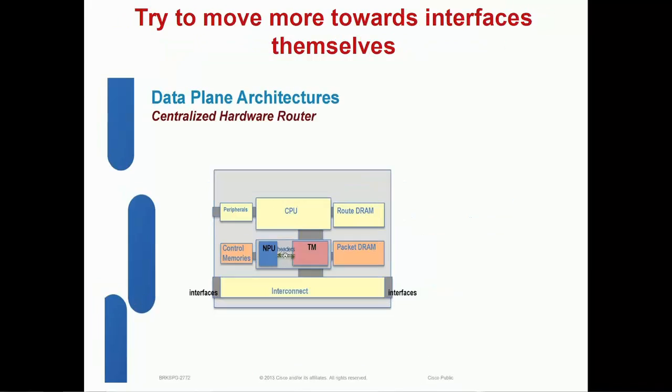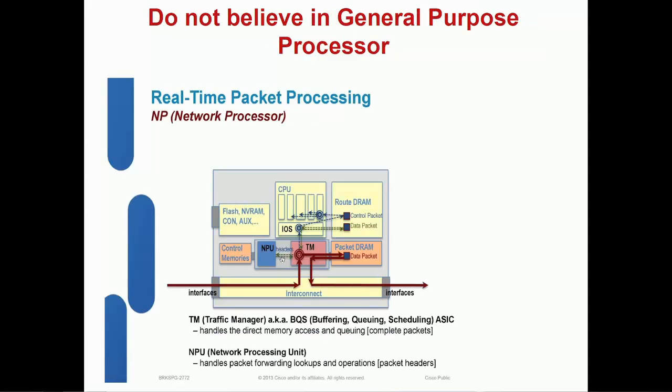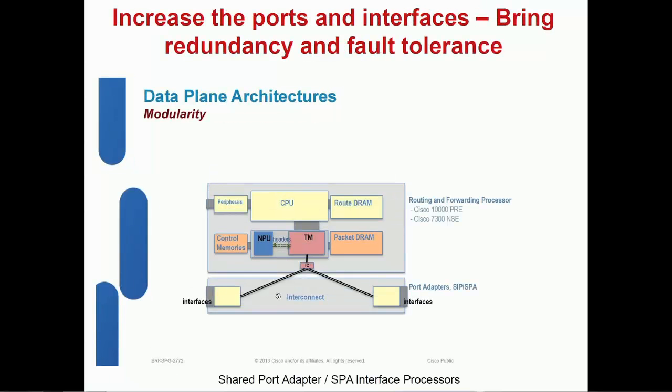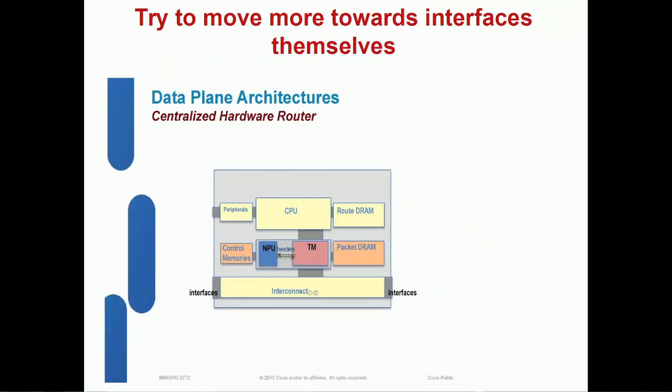Okay. Now one thing that happened was, with a network processing unit and a traffic manager in the picture, this device itself was capable of handling more data traffic. Okay. So instead of having just one interface and then using one network processor to handle that interface, what they did was, they did something like this. The interface became independent of the processors. Okay. If you look at this, here the CPU, the network processor and the interface were all connected together.